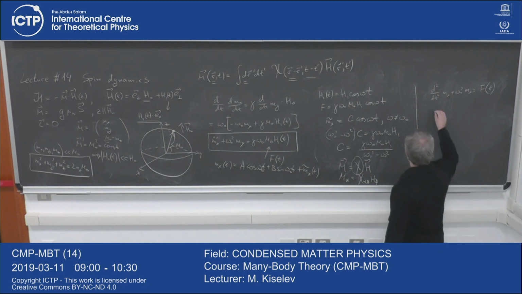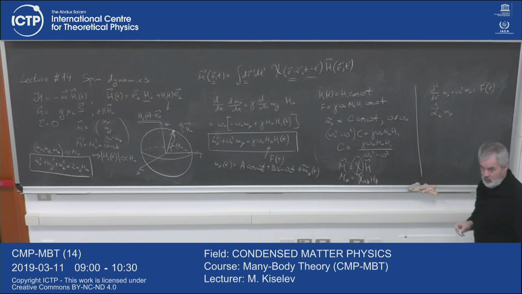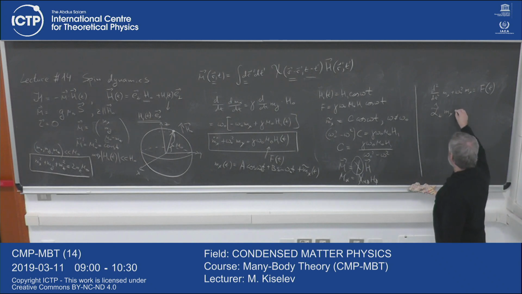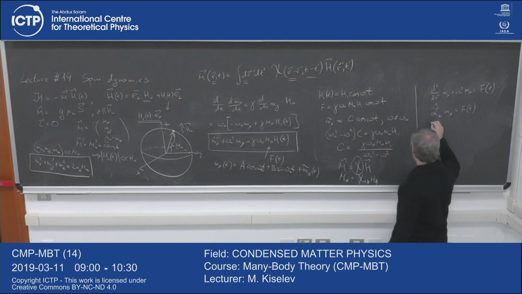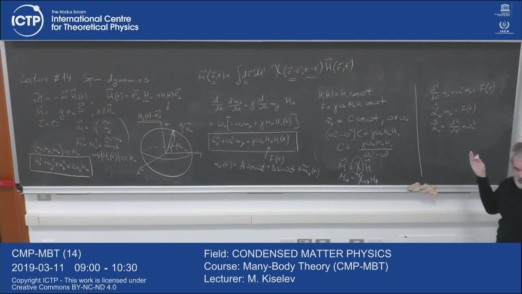So I may write down the left hand side as some differential operator acting on mx, and this is f(t), where the differential operator L(t) is equal to d2 over dt squared plus omega naught squared. It's just a symbolic way to write down this equation. I didn't write anything new.